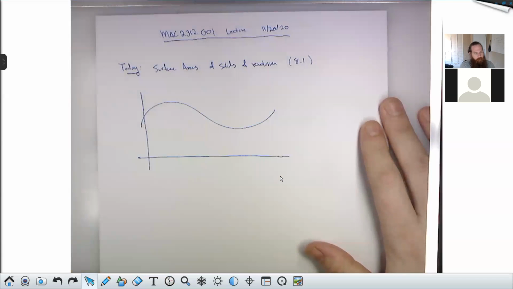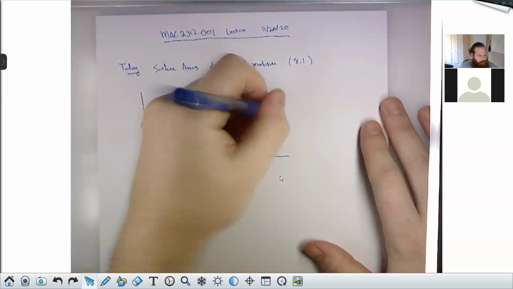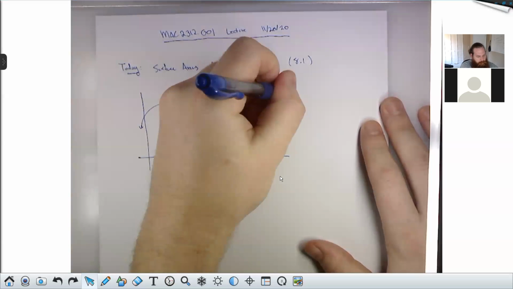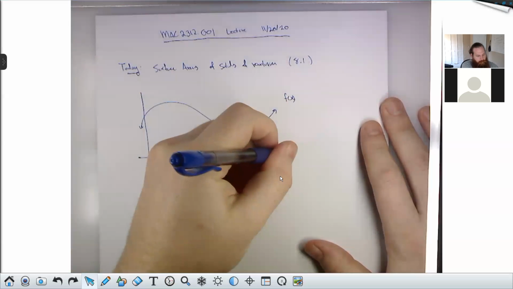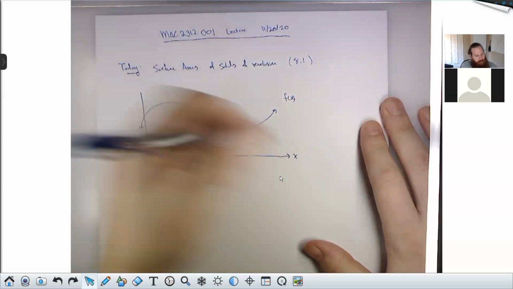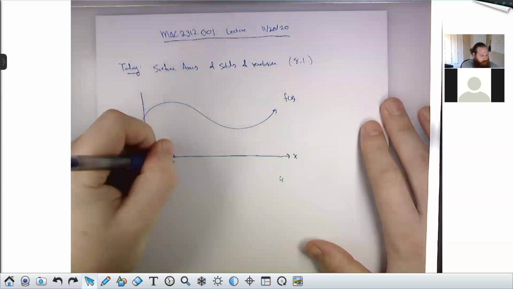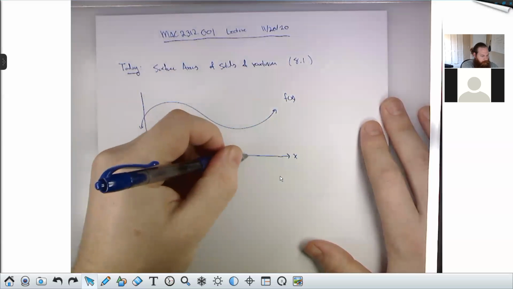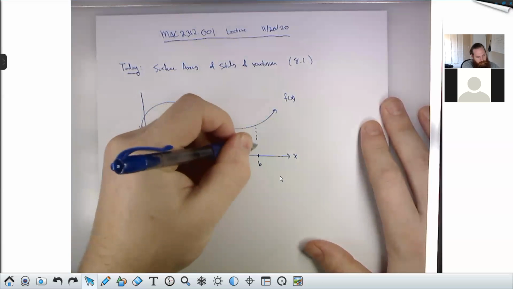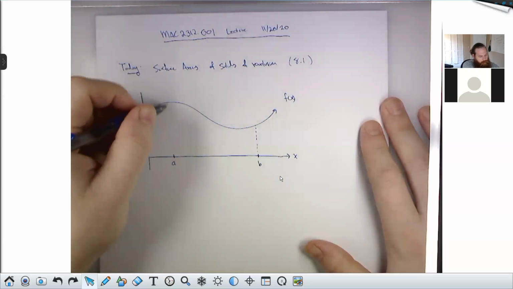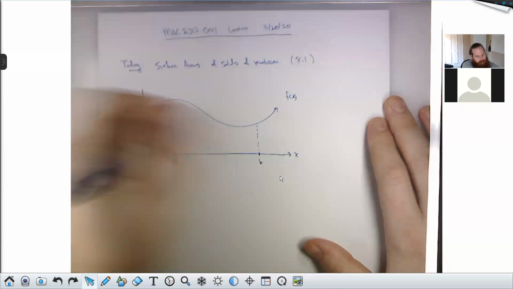So imagine you have some function here, f of x. And if you rotate the region between a and b, here we'll just assume we're going to rotate about the x-axis.